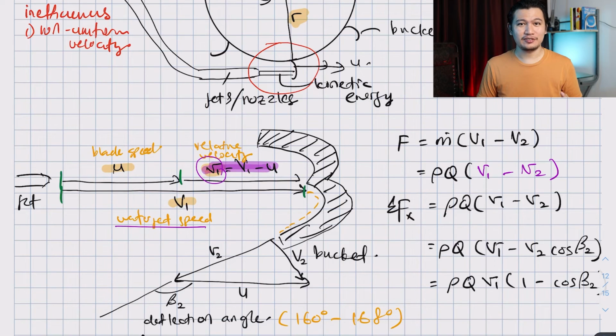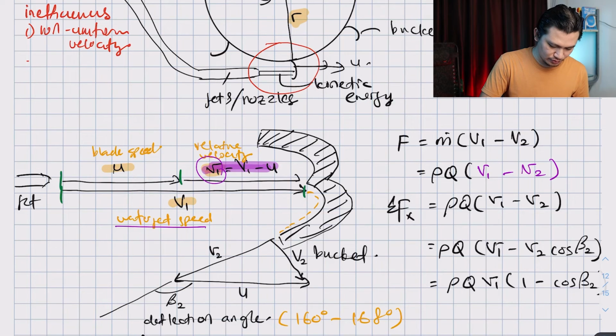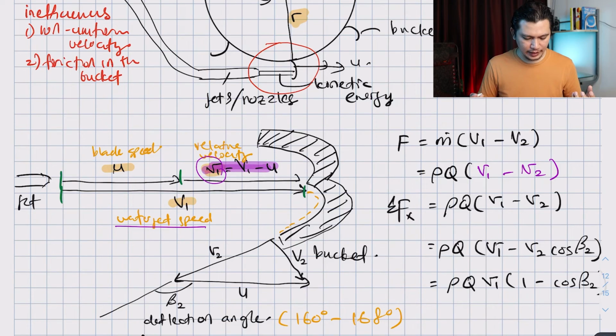And the next reason for inefficiency is, if you remember, just now we assumed that V1 equal to V2, right? We assumed no friction whatsoever inside the bucket. But in real life, of course, there is friction in the bucket. So it could be friction in the bucket. And finally, that I can think of is the friction inside the jet.